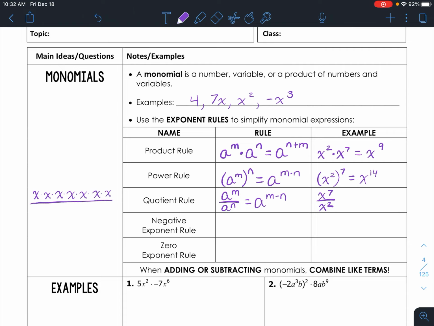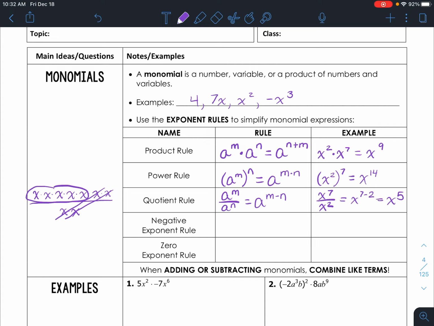And then on the bottom, you have 2 x's multiplied. Now, since it's multiplication, you can actually cancel. So I can cancel 2 from the top and bottom, and I am left with 5 x's, which is the same as x to the 7 minus 2. So you get x to the 5th.